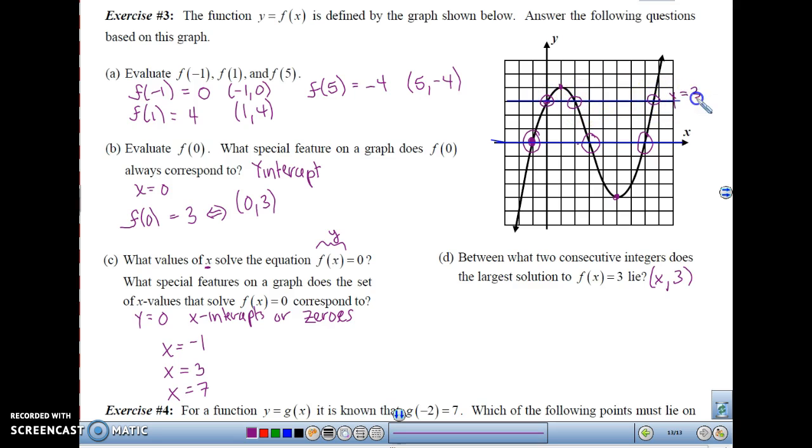This is at y equals 3. So we have x is equal to 0, x is equal to 2, and x is equal to about here, between x equals 7 and x equals 8. So that would be the largest one. So when you have the y value, you're looking for the x value that goes with it.